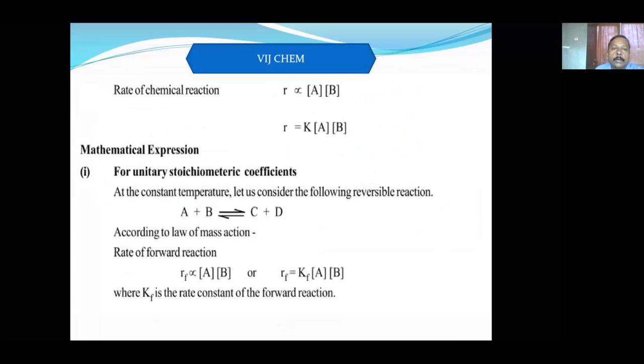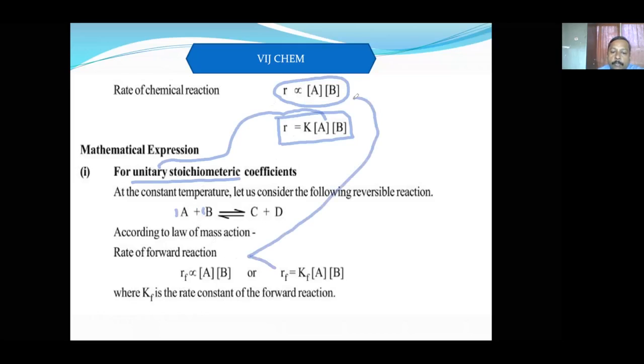According to the law of mass action, the rate of a chemical reaction is directly proportional to the concentration of each reactant. Therefore, the proportionality can be replaced with a constant k, giving k into [A] to the power of 1, [B] to the power of 1. For the starting case I am taking unitary stoichiometry, meaning these powers are 1.